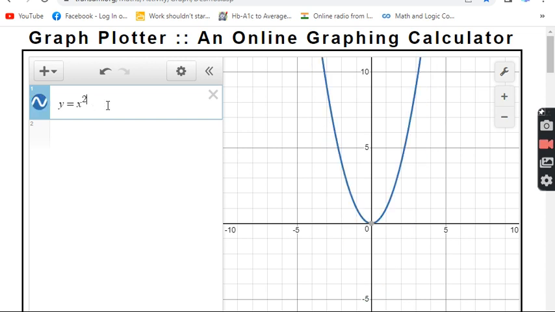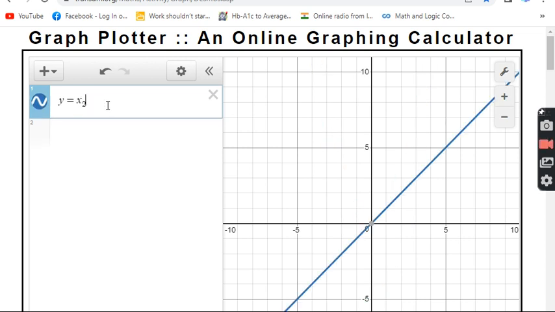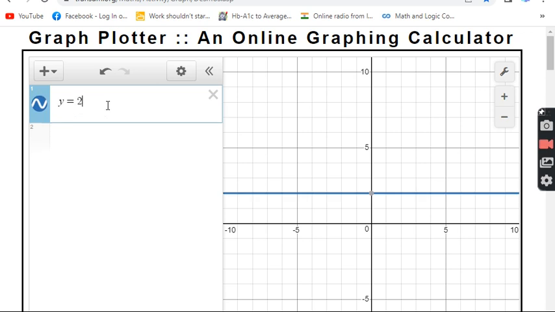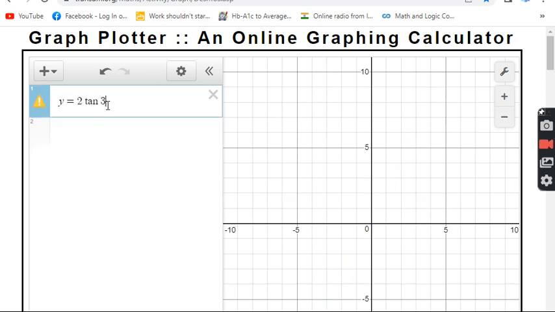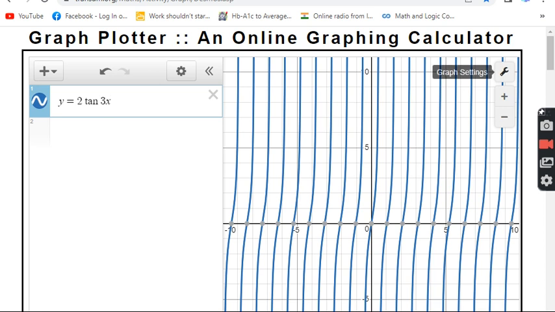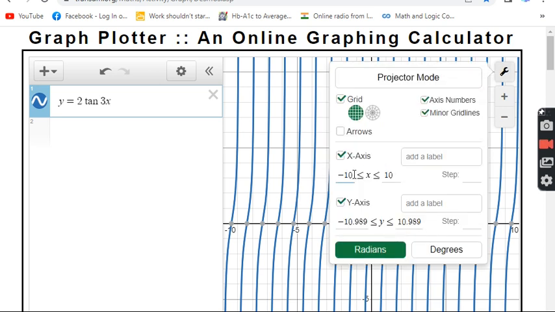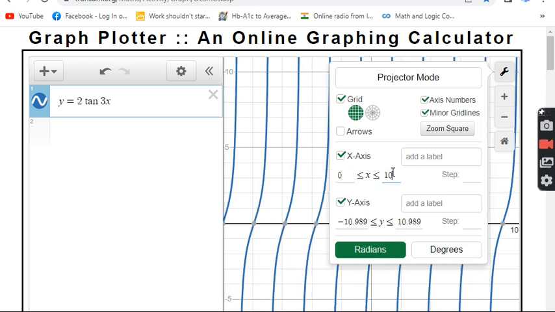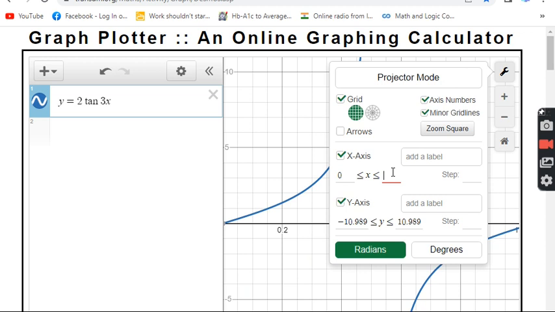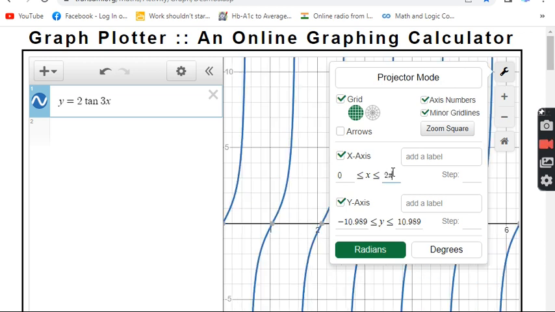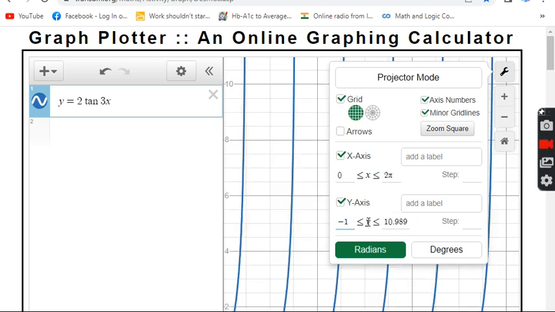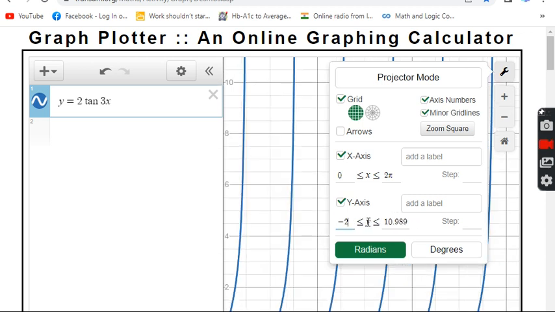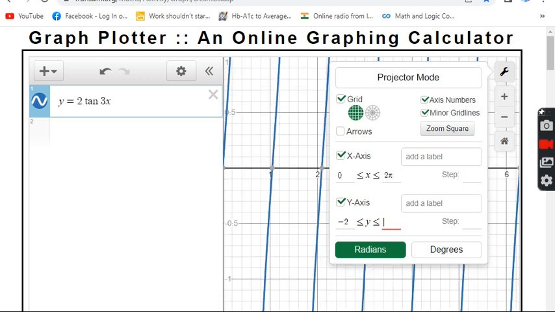Our function is 2 tan 3x. The values of x are from 0 to 2 pi. The minimum value of our function is minus 2, and the maximum value of our function is 2.